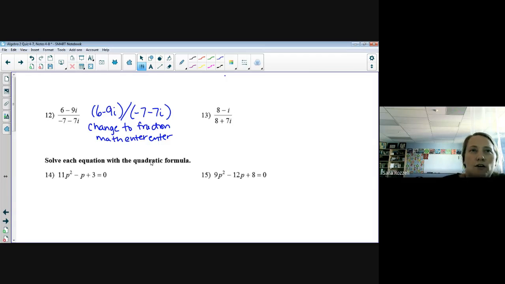Did we get a fraction now on our screen? I got 3 over 14 plus 15 over 14i. Raise your hand if you also got that on your calculator screen.